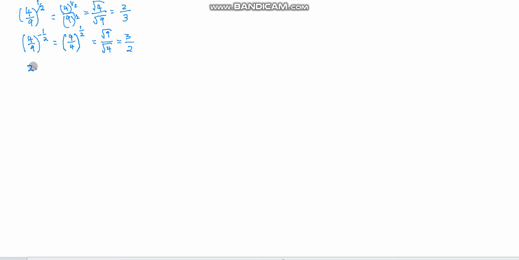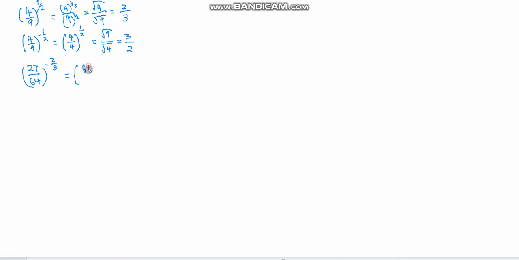we have 27 over 64 to the power of minus 2/3. Okay, it's a more complicated one. So first of all, we have to remove the negative sign. To do that, we overturn the fraction.